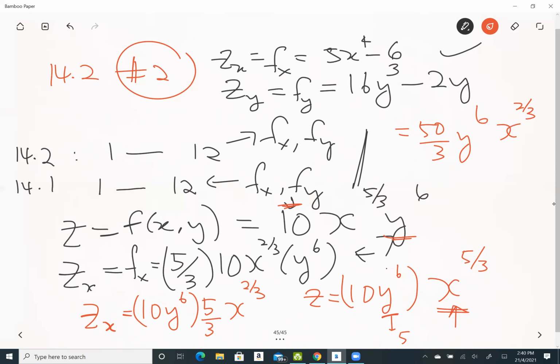So one way to not be confused, you put the constants on the left, just like the other constants that you may have, and then differentiate simply the variable. Now, ∂z/∂y. When you do derivative with respect to y, the term 10x to the power of 5/3 is a constant. So you just differentiate the y to the power of 6 now.